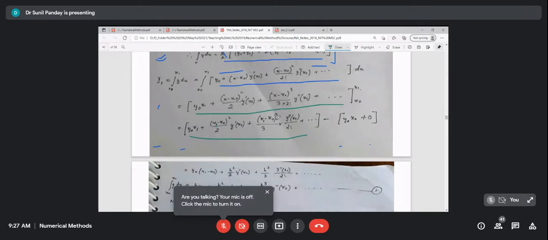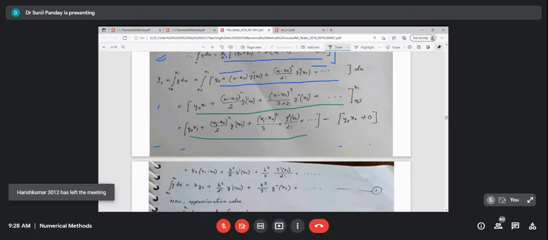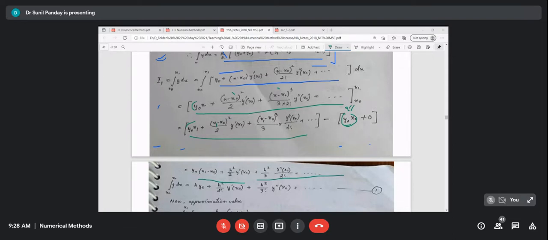And when you substitute x equals x naught, you will get 0 in the other terms, and only the term y naught times x naught will remain. If you club this term with this, then you have this expression. So you have obtained this analytically.